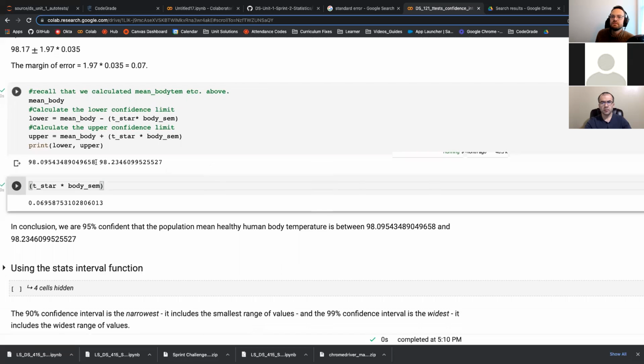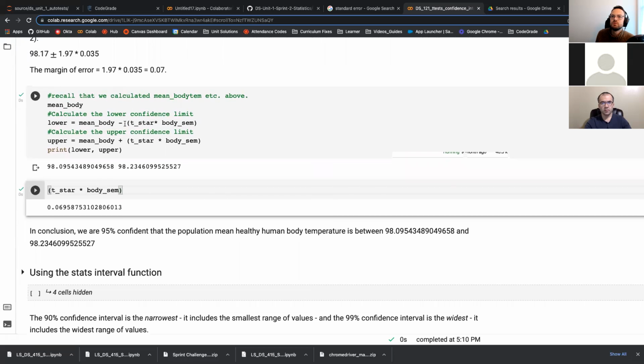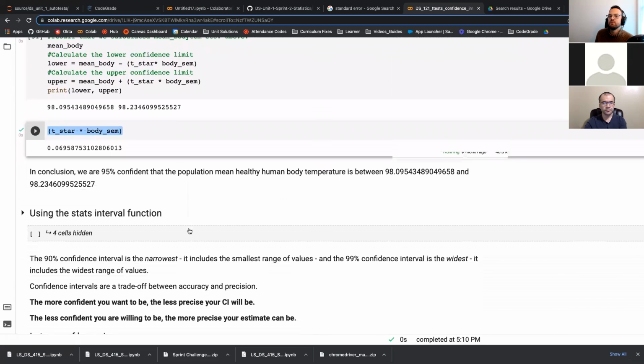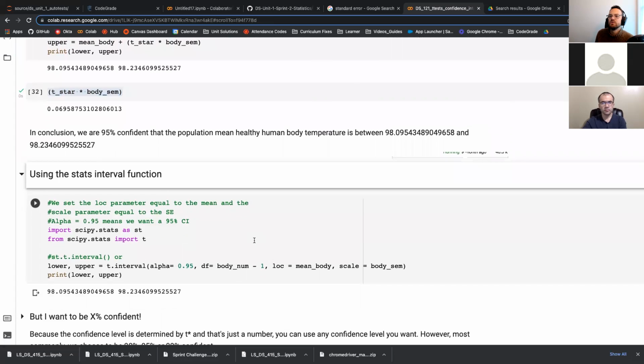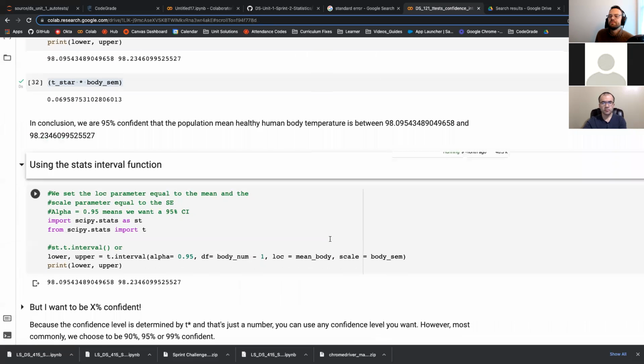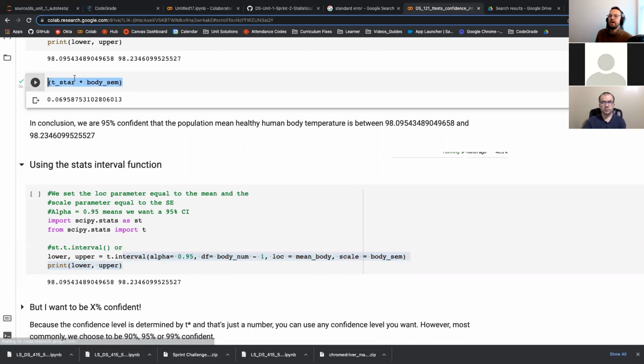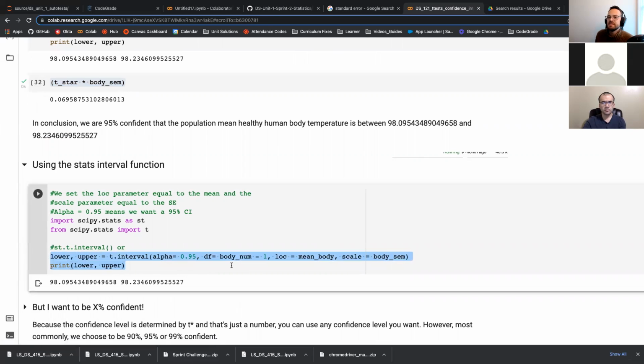So yeah, how should I put this? This is a value that gets calculated mathematically. The reason I show both the PPF version to grab your critical value first is because the T interval essentially returns the confidence interval for you, as long as you have these different features ready to go.